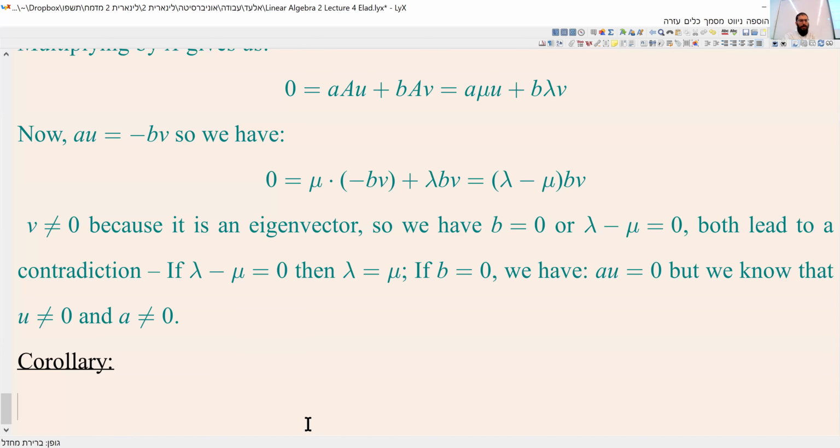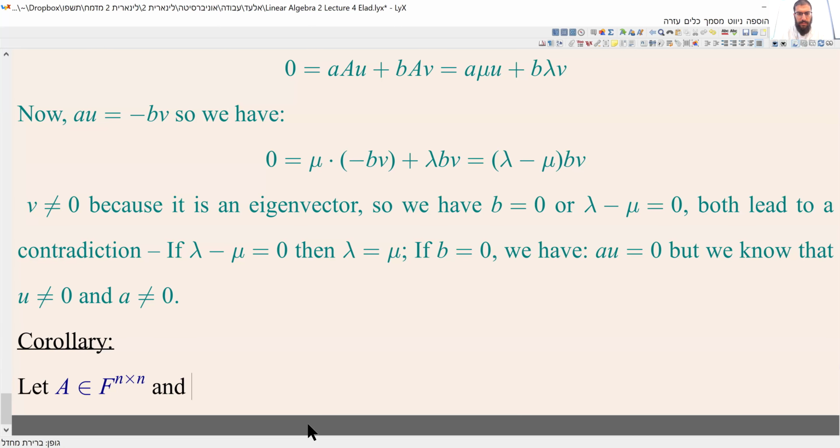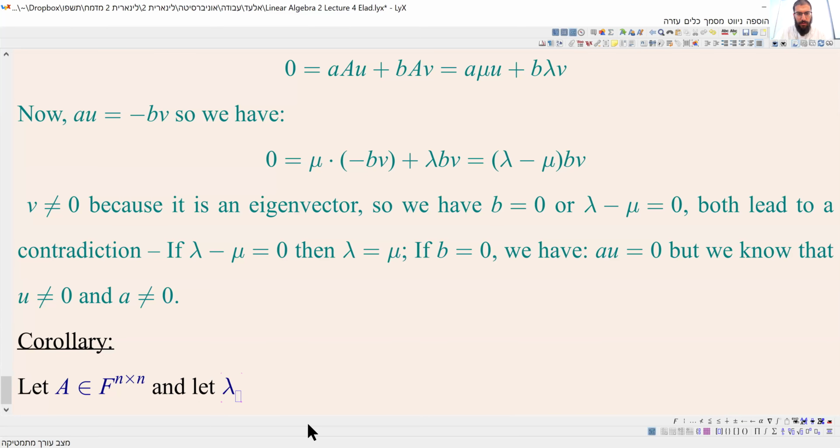Corollary. Let A in F and N, and let's call the eigenvalues lambda 1 to lambda k. It's a different letter. It's not lambda n, because we know that some of the eigenvalues can appear more than once. So there are k different eigenvalues.